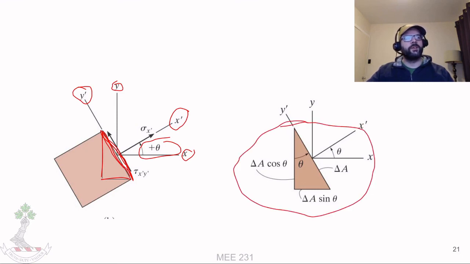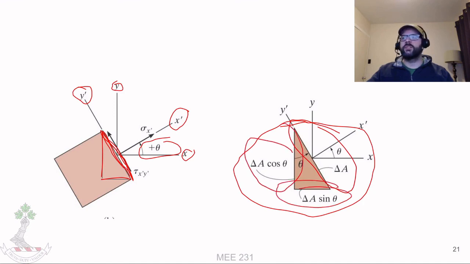So that small element, the area of this face is the same. The areas of these two faces here are going to be different based upon what angle we move to.